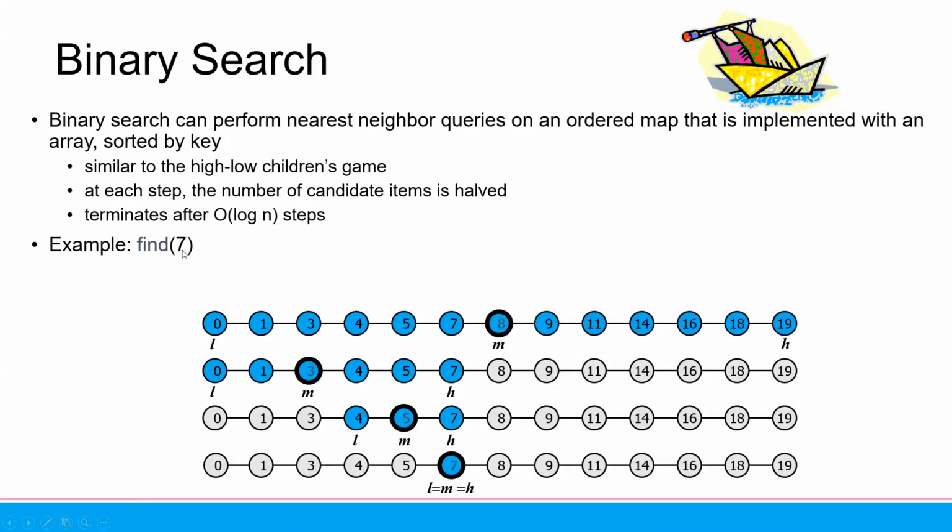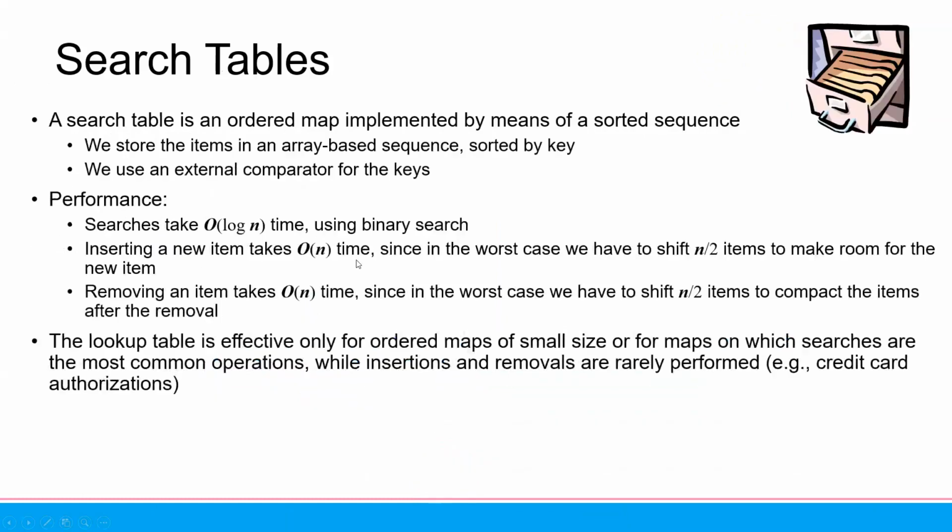In this case, if we want to find a value 7, we make it half, and then make it another half, and then another half, and okay, we can find the numbers that we are searching for. This is the way to do the binary search.